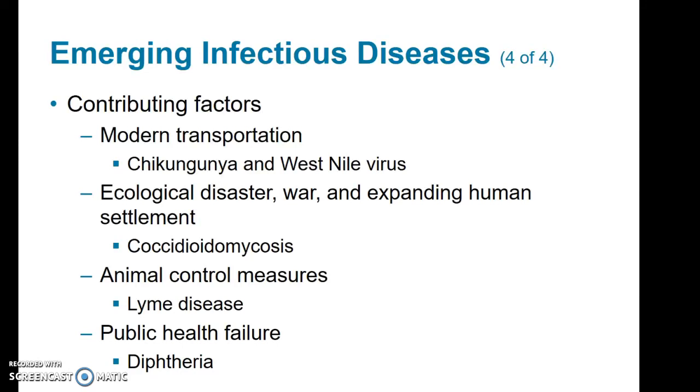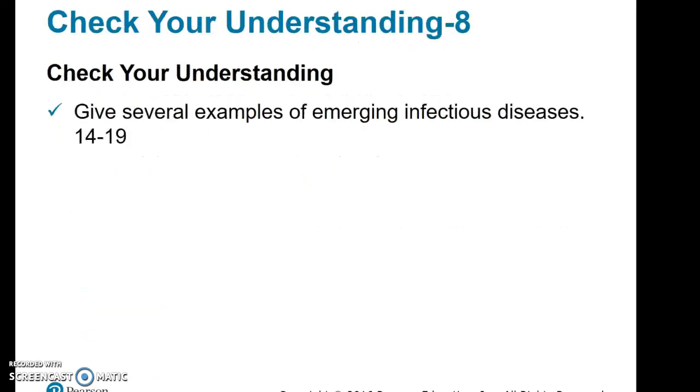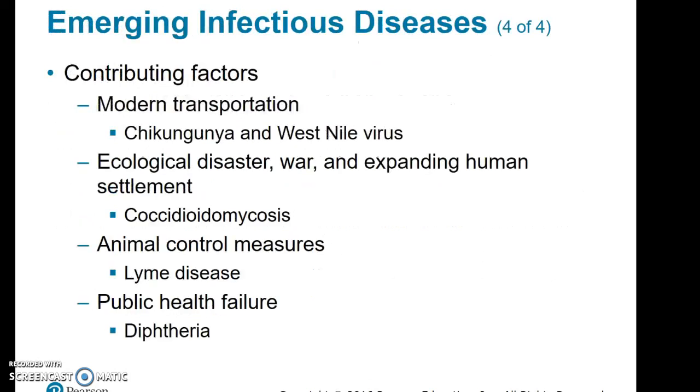Also, ecological disaster, war, expanding human settlement or development. Also, animal control measures, public health failure, and we had talked about diphtheria and cholera and some of those other waterborne diseases being a problem in places where you don't have good sewage or sanitation systems.